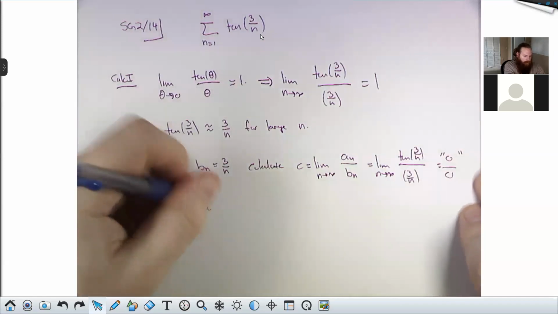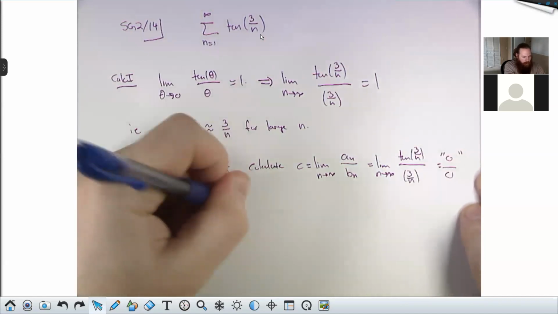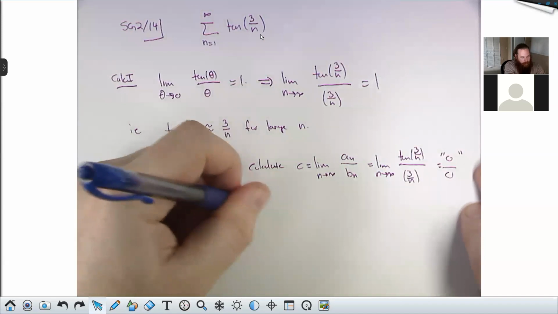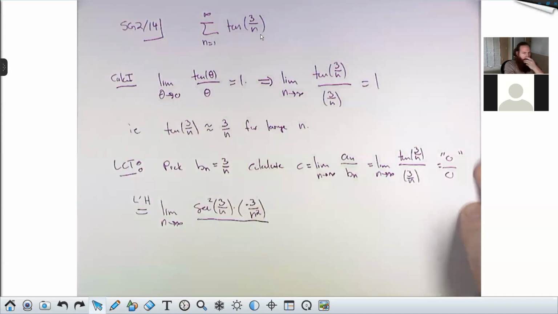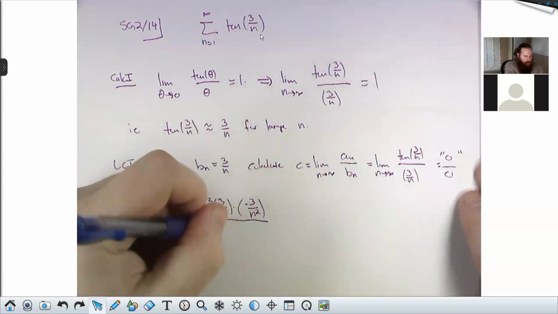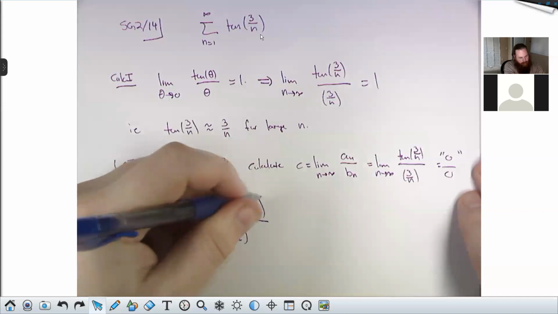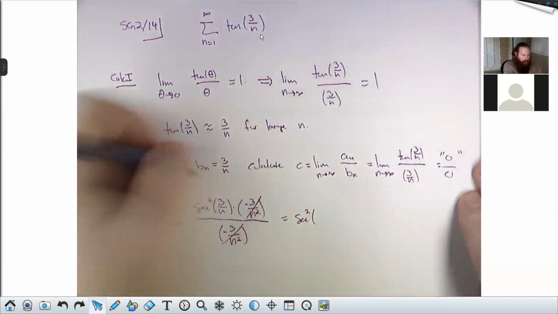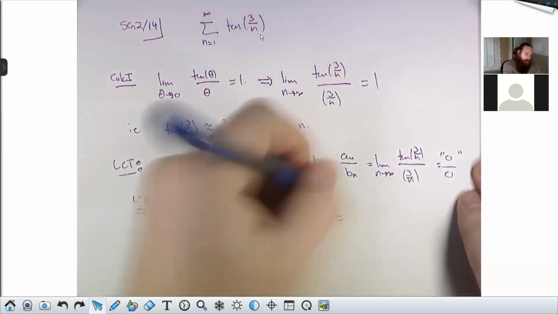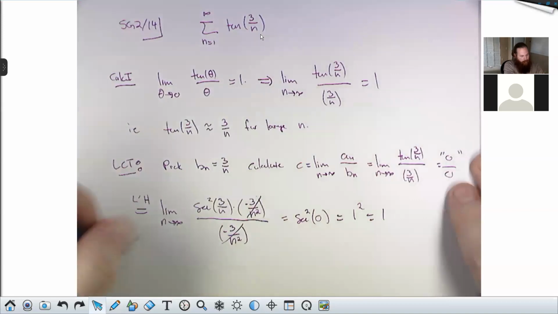I get secant squared of 3 over n times the derivative of 3 over n, which is negative 3 over n squared. And again, I'm kind of abusing the derivative thing here, writing it with n's, but that's okay. These cancel, and you get secant squared of 3 over infinity, which is 0. Secant of 0 is 1, so that's 1 squared, which is 1.